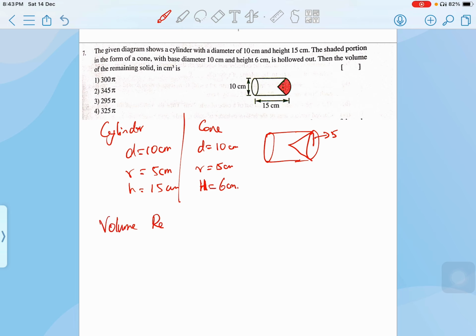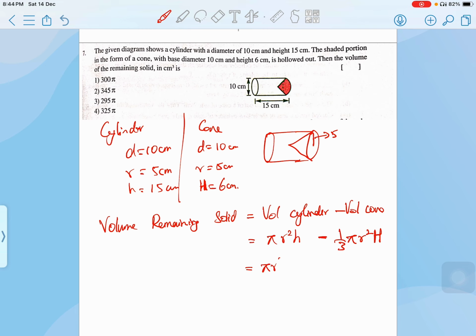Volume of remaining solid will be volume of the cylinder minus volume of cone. What is the volume of cylinder? Pi r square h minus cone is 1 by 3 pi, your same r square, h is different h. This particular h you need to use.